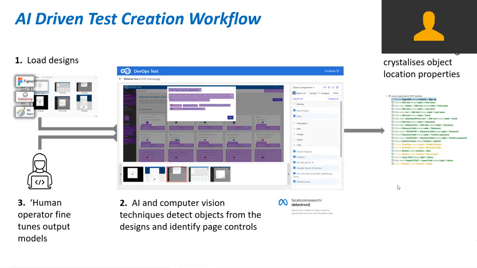So before I show you the demo, I want to outline what the workflow is to using our new DDT, our new design-driven test feature. And it's relatively simple. It employs a lot of technologies under the cover, but all of those technologies are inside the box, so to speak.